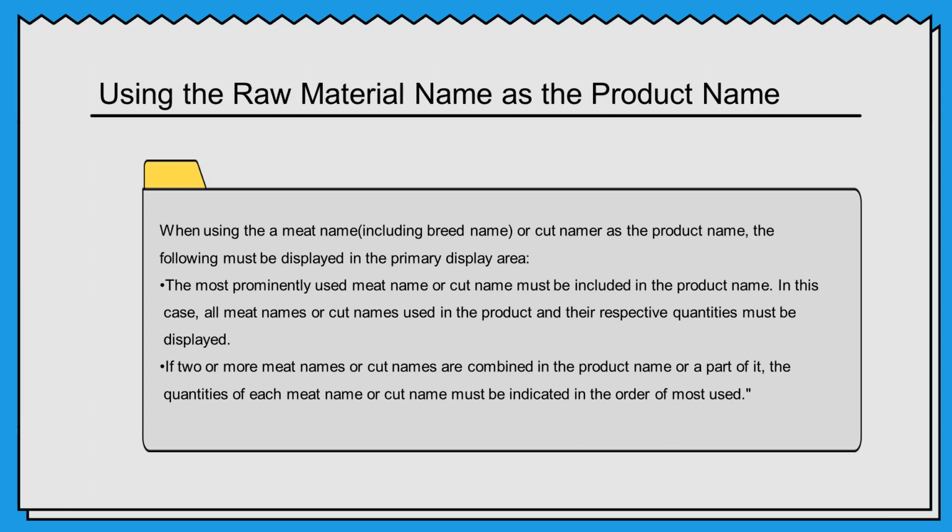In this case, all meat names or cut names used in the product and their respective quantities must be displayed. If two or more meat names or cut names are combined in the product name or a part of it, the quantities of each meat name or cut name must be indicated in the order of most used.